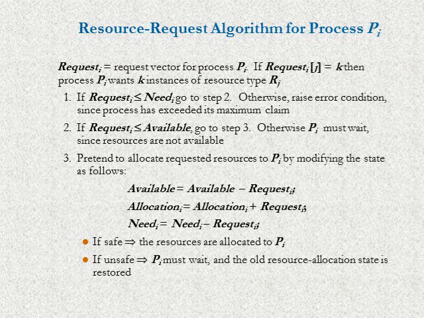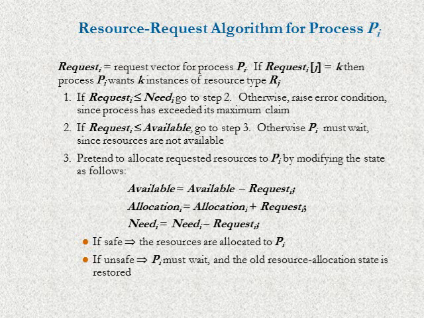And once we have the modified values of the data structures, then we move on to computing whether the system is still in the safe state or not after the deduction. If the system is still in the safe state, we can allocate the resources.